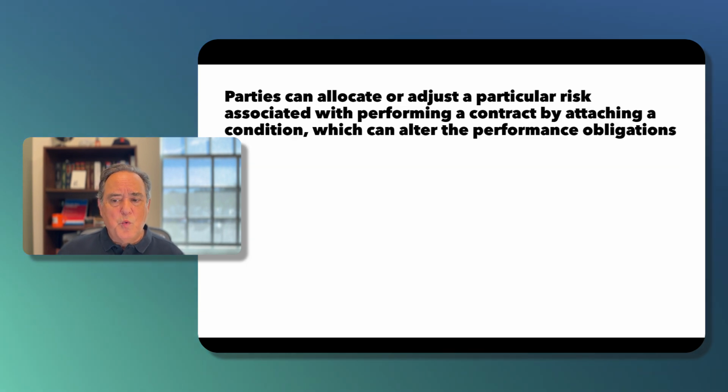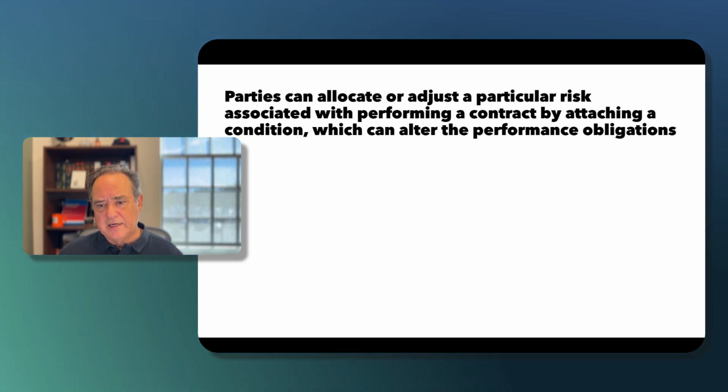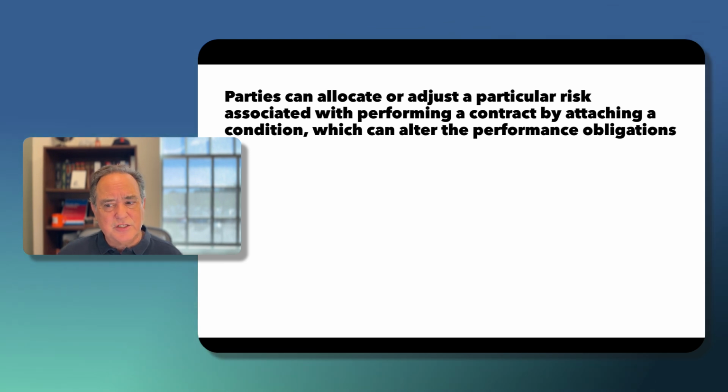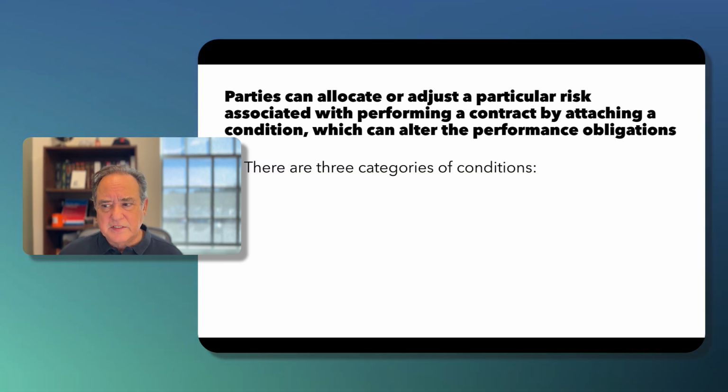Now, there is a way when parties can adjust a particular risk associated with performing a contract by attaching a condition. And this condition can change the performance obligations. Now, there are three categories of conditions, and these are pretty well explained in your textbook. One is condition precedent.